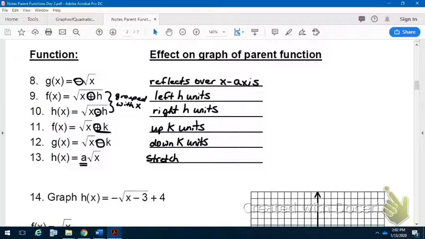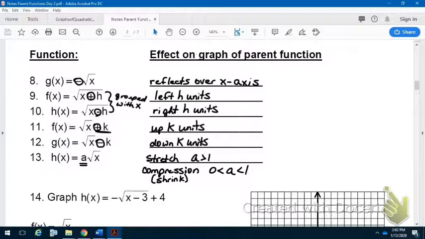It's a stretch when a is bigger than 1. That makes it move up higher. And it's a compression or a shrink when a is between 0 and 1. It's a small fraction.